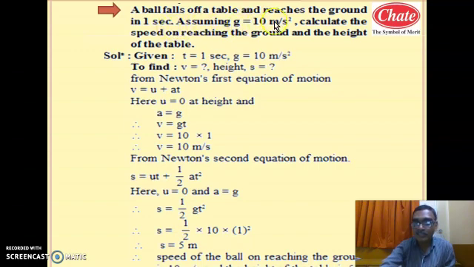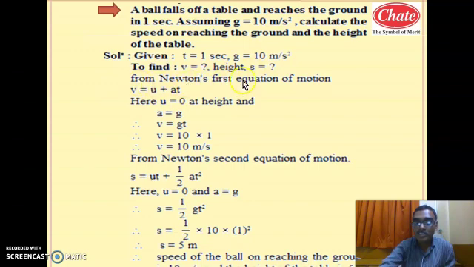Assuming g equal to 10 meter per second square, calculate the speed on reaching the ground and the height of the table. Here given time equal to 1 second, g equal to 10 meter per second square. We have to find the final velocity and the height of the table, that is the displacement of the ball. Whatever the displacement of the ball, that is the height of the table.